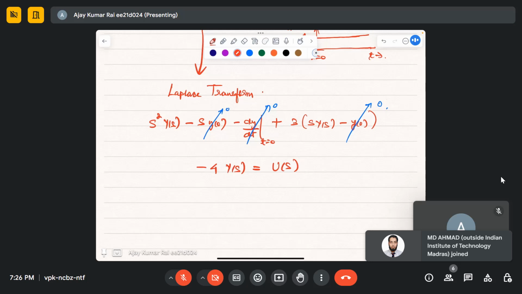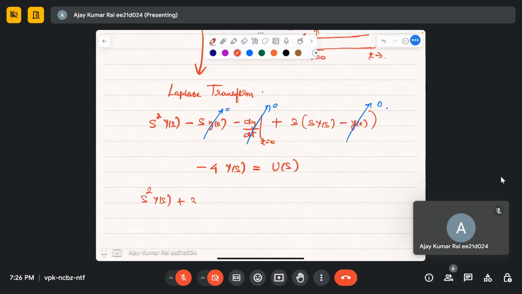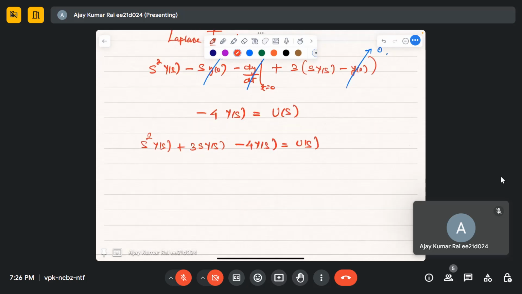Let's simplify it. s square Y(s) plus 3 s Y(s) minus 4 Y(s) equal to U(s).